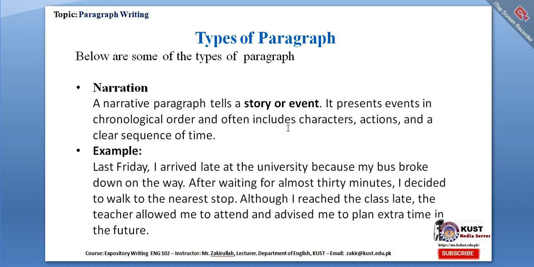It presents events in chronological order and often includes characters, actions, and a clear sequence of time. So a narrative paragraph always tells a story or event, and there can be some characters or actions, and also there is a clear sequence of time in a narrative paragraph.